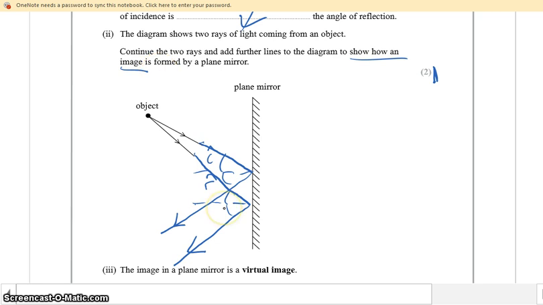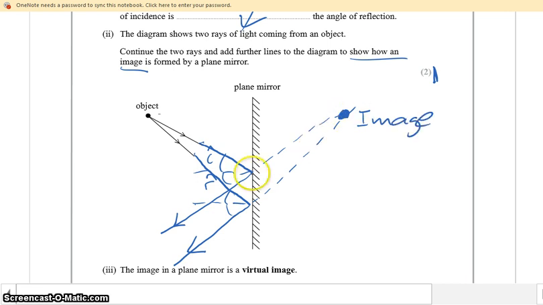Okay, so our eyes, if we're the observer standing here, our eyes and our brain is very used to light travelling in a straight line, so that's what we imagine. Our brain imagines happens. So if you continue these lines back, and this line back here, then you'll see that they cross at a point about here, and that's obviously the image.